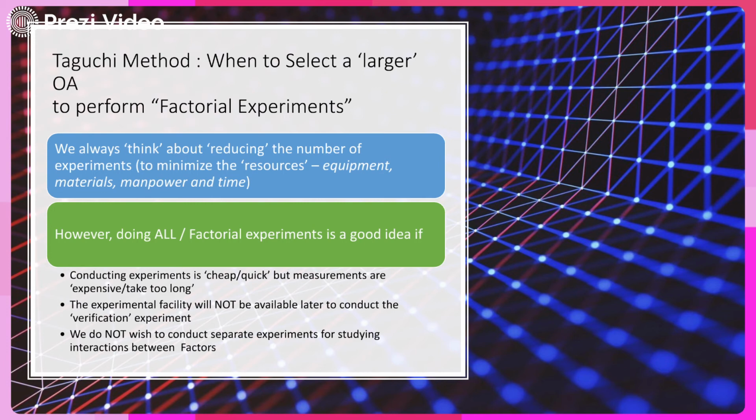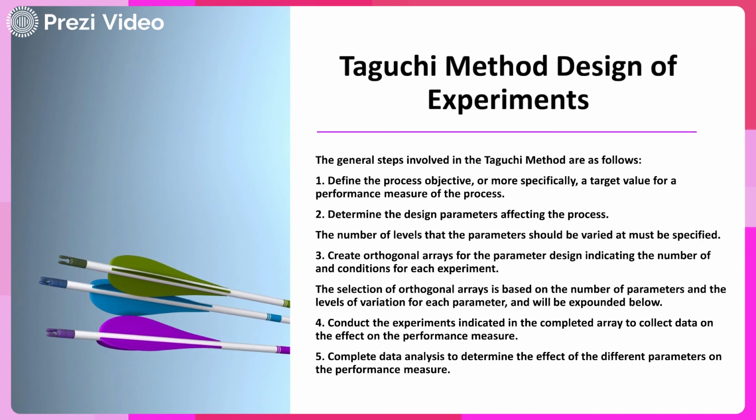So factorial experiments are a good idea if you are conducting experiments which are quick but measurements are taking a lot of time, or you are facing difficulty with experimental facilities not being available, or you need to verify the results, or if you do not wish to conduct separate experiments for studying interaction between factors. The best part of this design is that you can consider multiple factors at the same time.